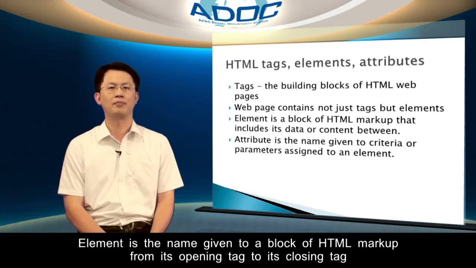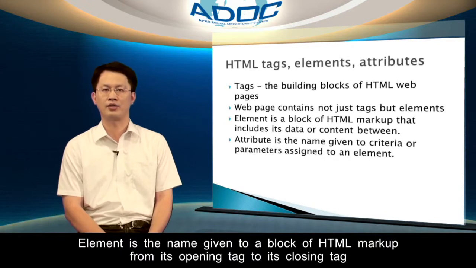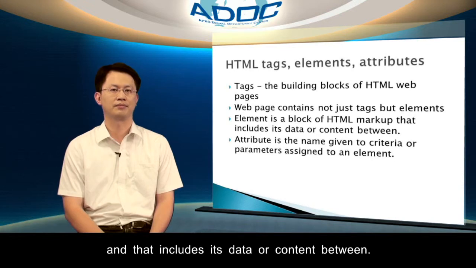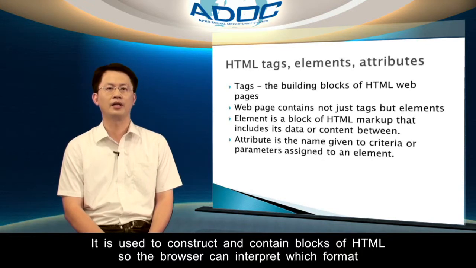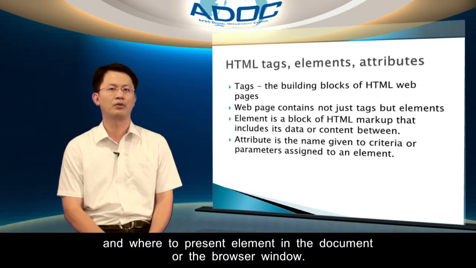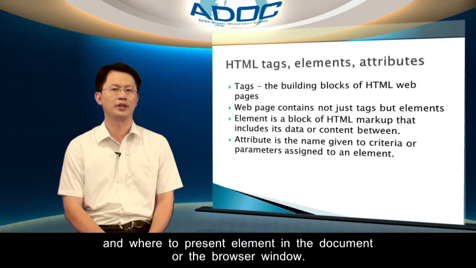Element is the name given to a block of HTML markup from its opening tag to its closing tag, and that includes its data or contents in between. It is used to construct content blocks of HTML, so the browsers can interpret which format and where to present elements in the document or the browser window.